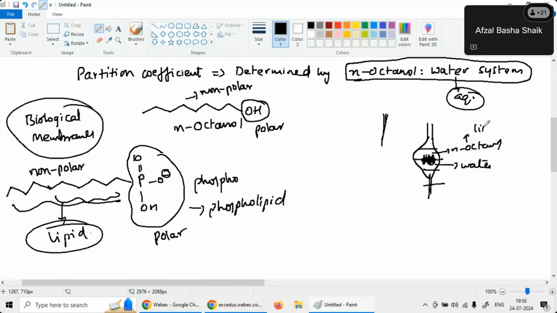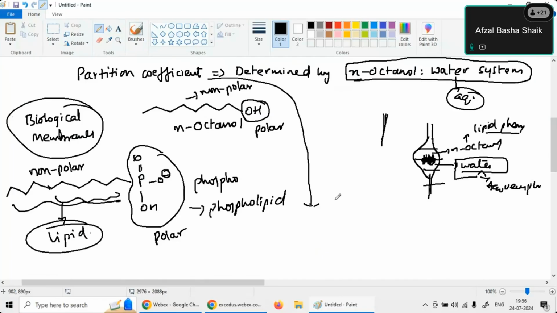This is the lipid phase and this is the aqueous phase. We'll see the concentration of drug in the lipid phase as well as in the water phase. If more drug is distributed into the octanol phase, then we say that the molecule has greater lipophilicity. If more drug is distributed into the aqueous phase, we'll say that it has less lipophilicity, right? Got it?